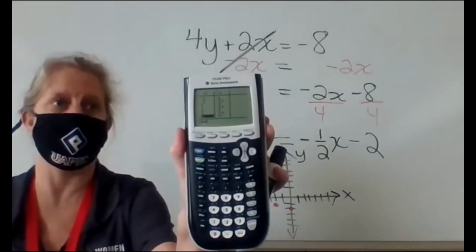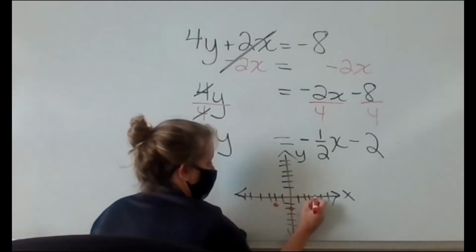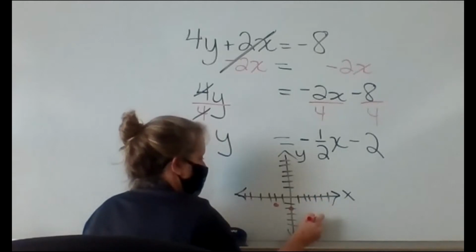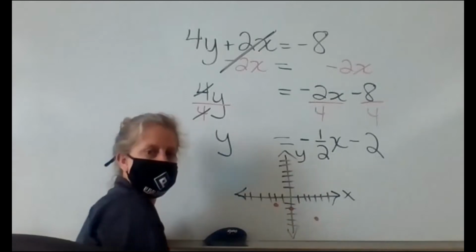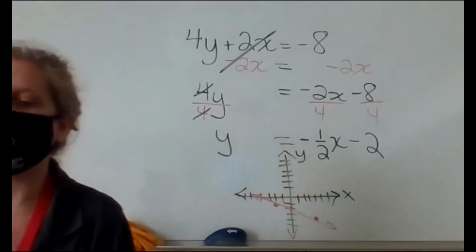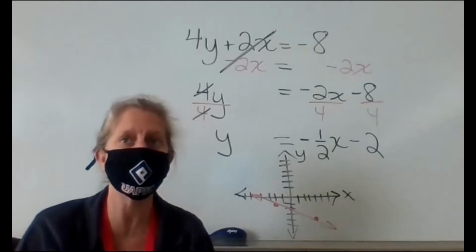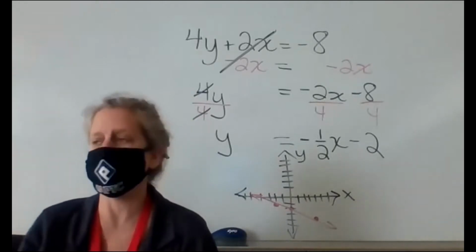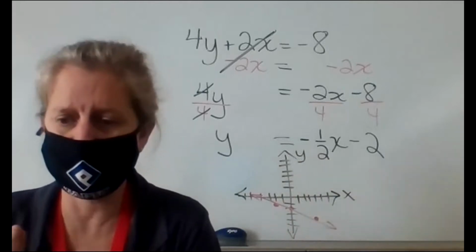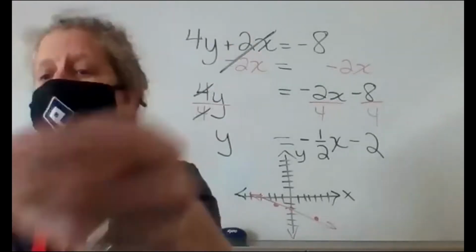I can choose anything in this table. So 4, negative 4, my x is 4, so it would tell me to go to the right 4. My y is negative 4, so I would go down 4. So look, it's still a point on the same line. So it doesn't matter if you choose the same points in the example that I do. You can choose any points out of the table. It's all going to make the same shape.